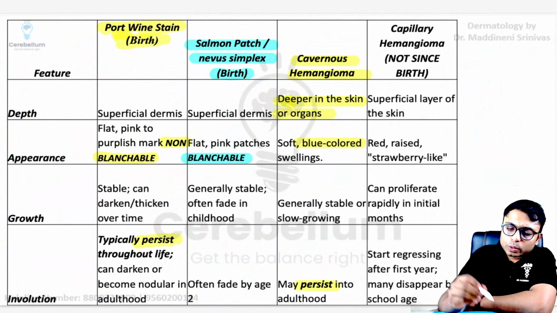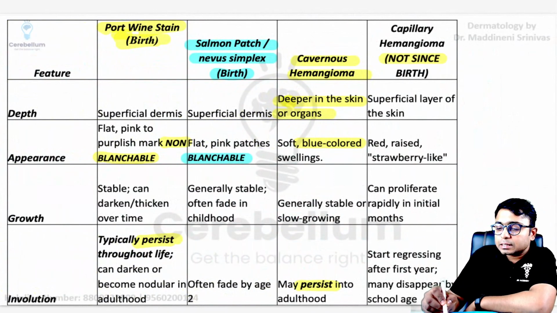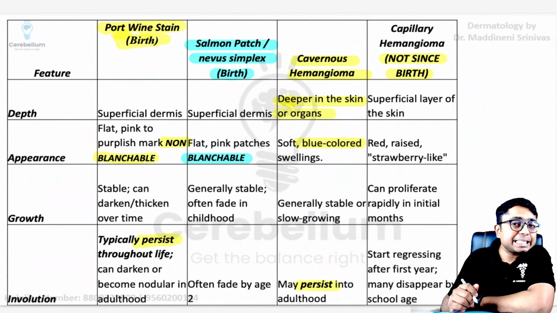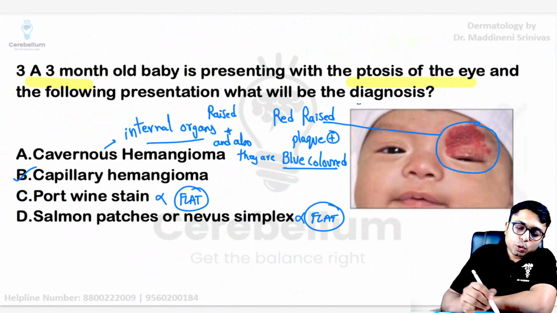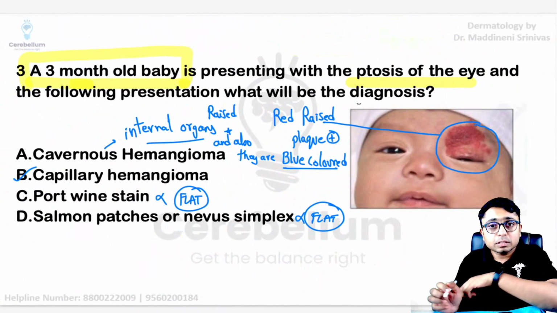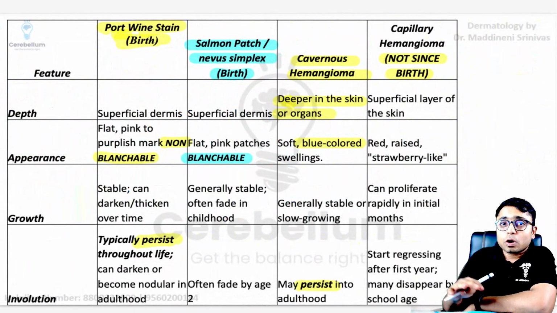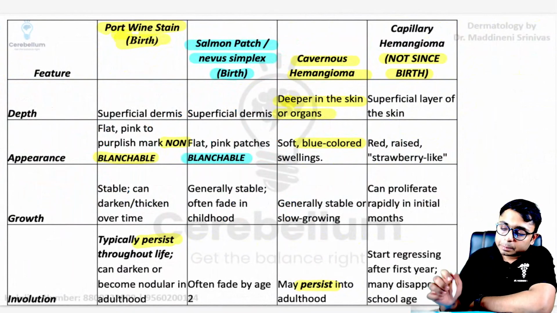The next, coming to capillary hemangioma, it is not going to be seen since birth. As in the question it was mentioned, a 3-month-old baby is presenting, so it is not seen from birth because capillary hemangioma is not going to be seen from the birth.